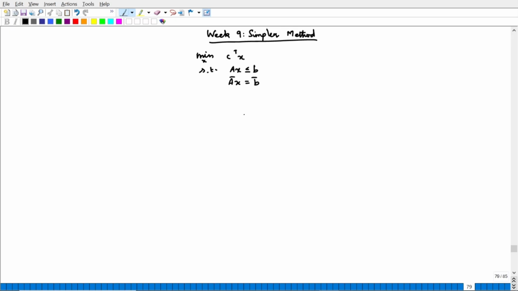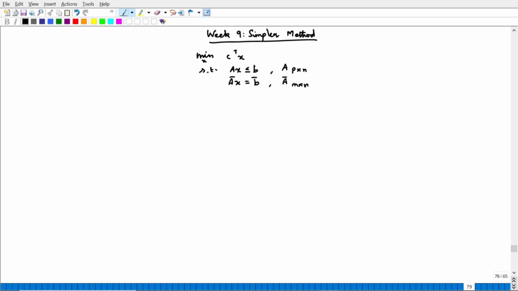A is a P cross N matrix and A bar is an M cross N matrix. What it means is that you have P inequality constraints and M equality constraints, and all those constraints are linear.